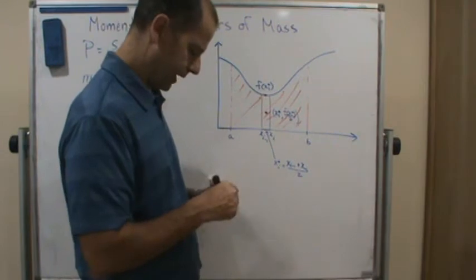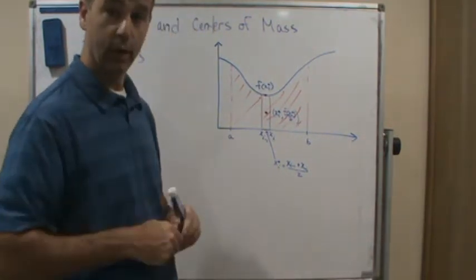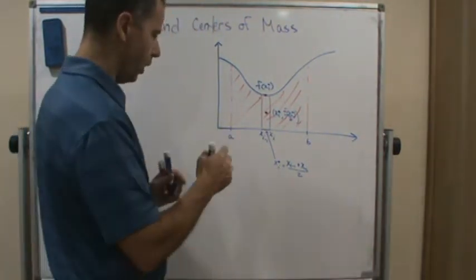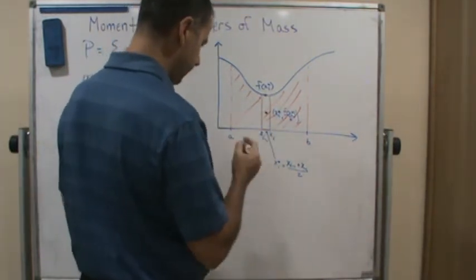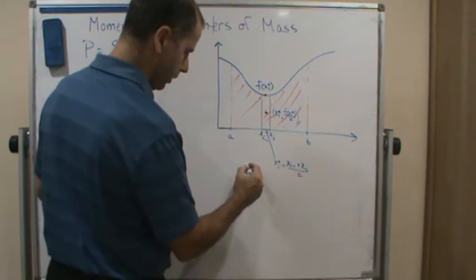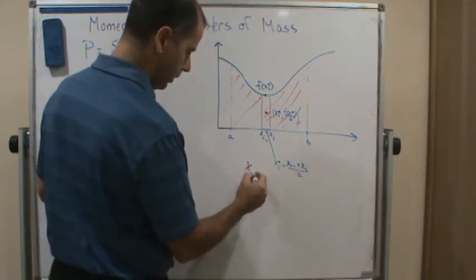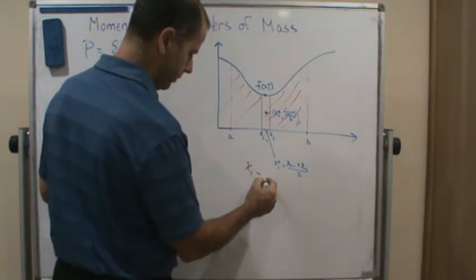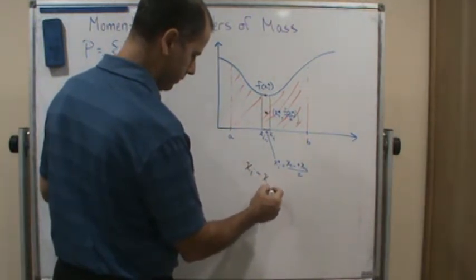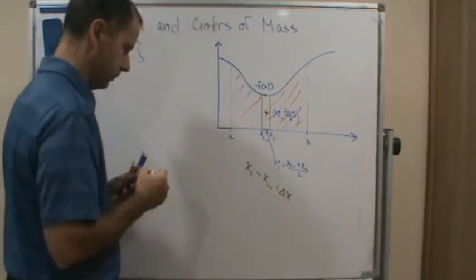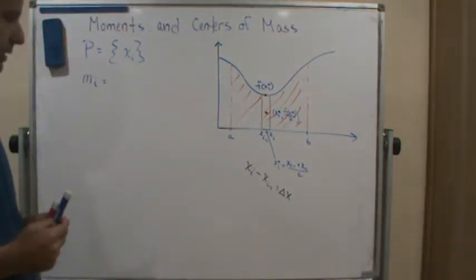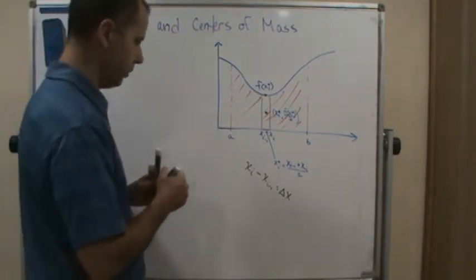So what is this length? Like we did before, it's a regular subinterval, so all of the subintervals are going to be the same. So we could just define the distance here as delta x.